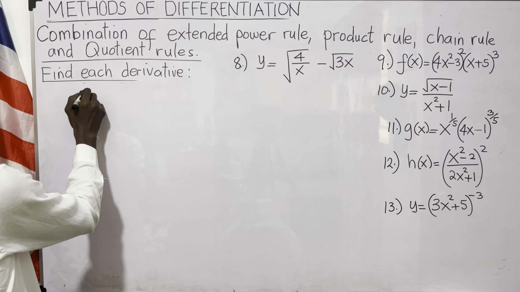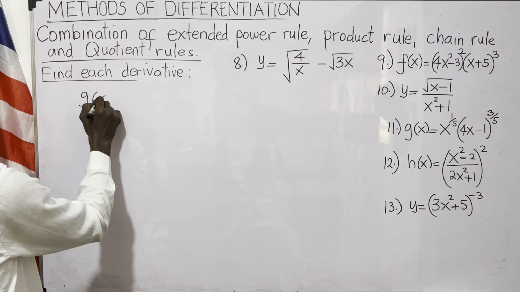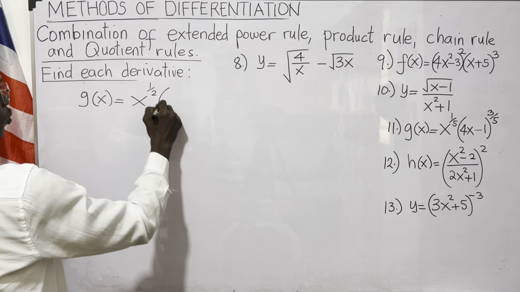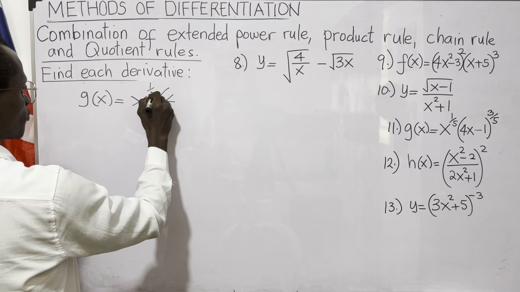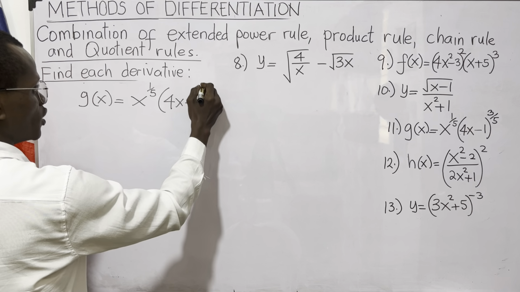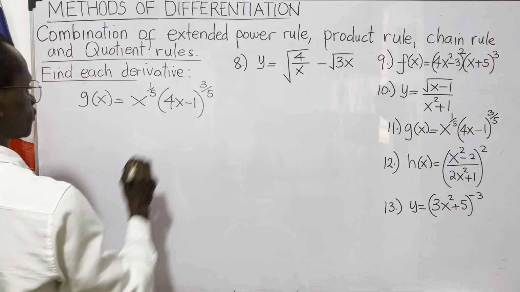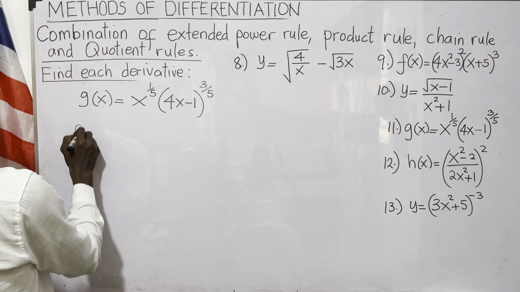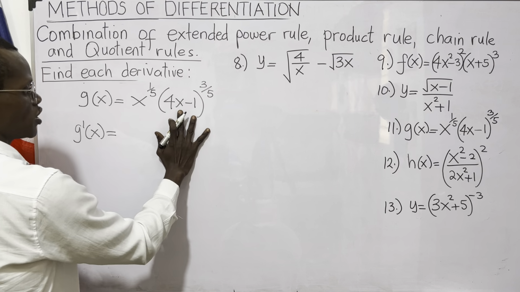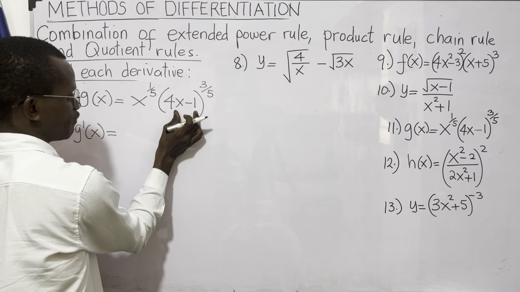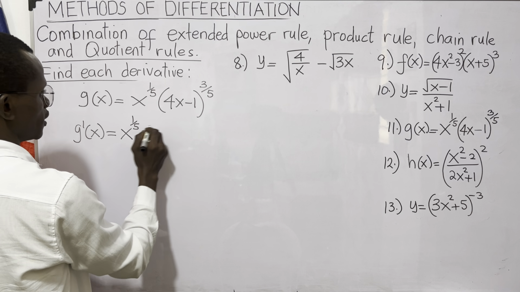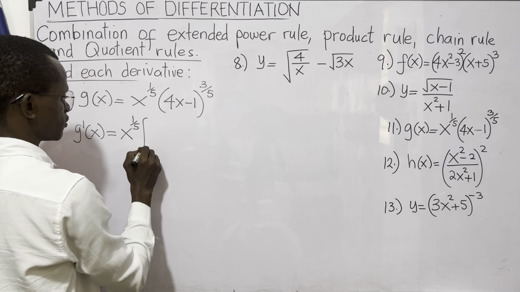Question 11. So we have g of x equals x raised to the power 1 over 5 times 4x minus 1 raised to the power 3 over 5. So g prime of x, now we use the product rule because you have one factor and another factor. So we hold the first factor without differentiating, and we differentiate the second factor.